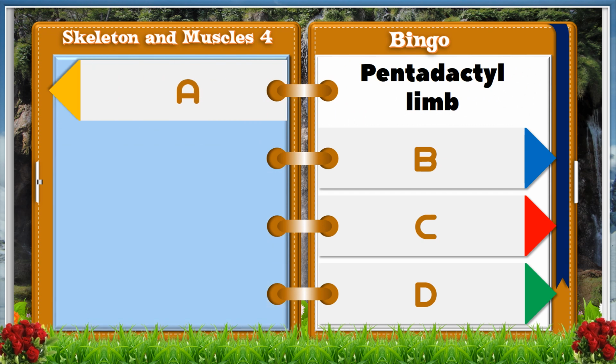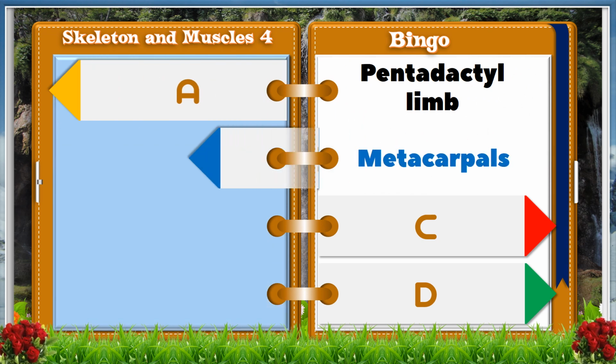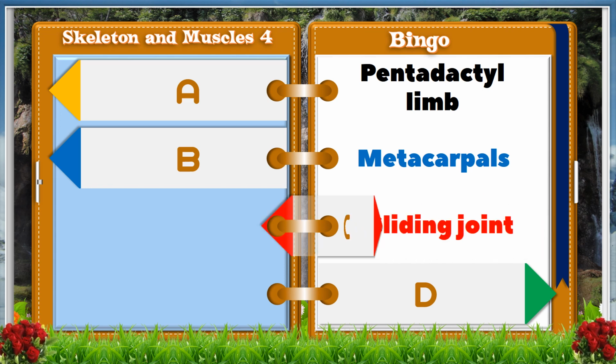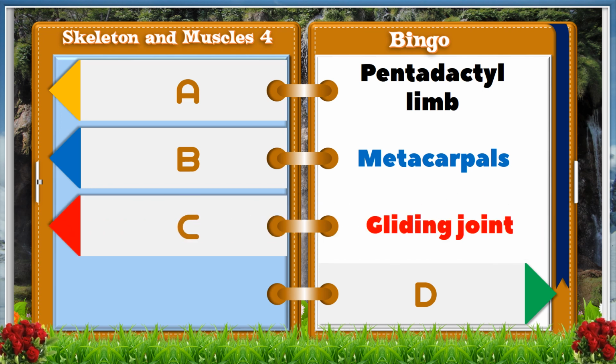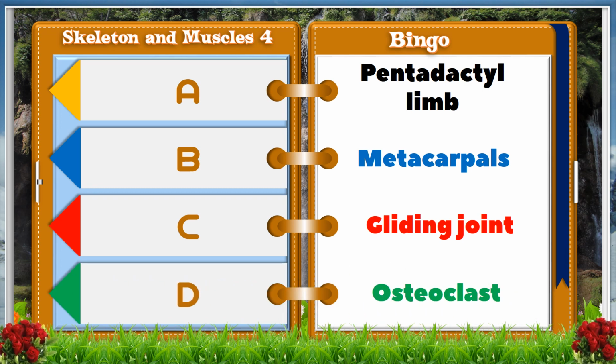A. Pentadactyl limb. B. Metacarpals. C. Gliding joint. D. Osteoclast. And the answer is D. Osteoclast.